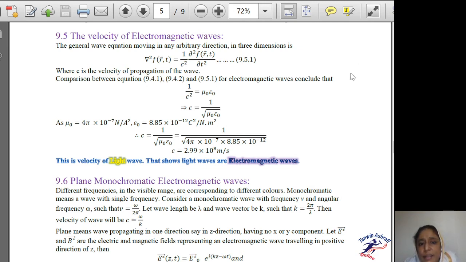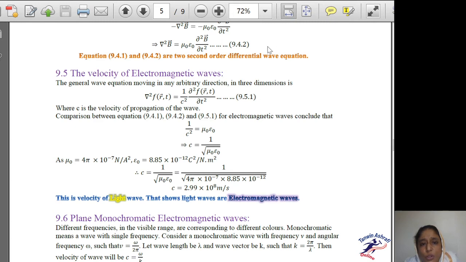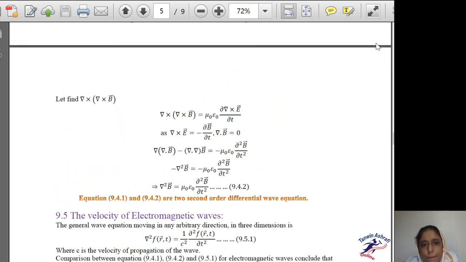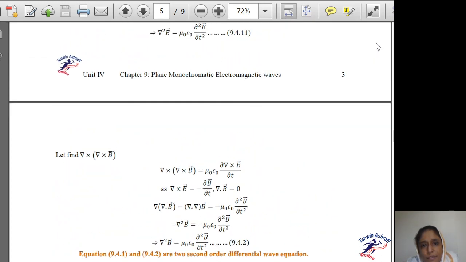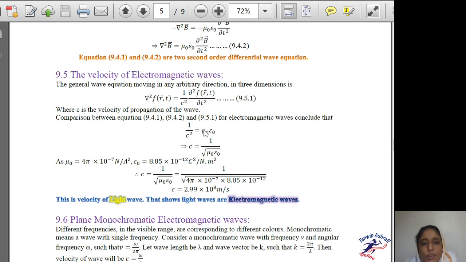Now by comparing this equation 9.5 with 9.4.2 or 9.4.1, we conclude that 1 upon c square is nothing but mu naught epsilon naught. That means c is equal to 1 upon under root of mu naught epsilon naught.